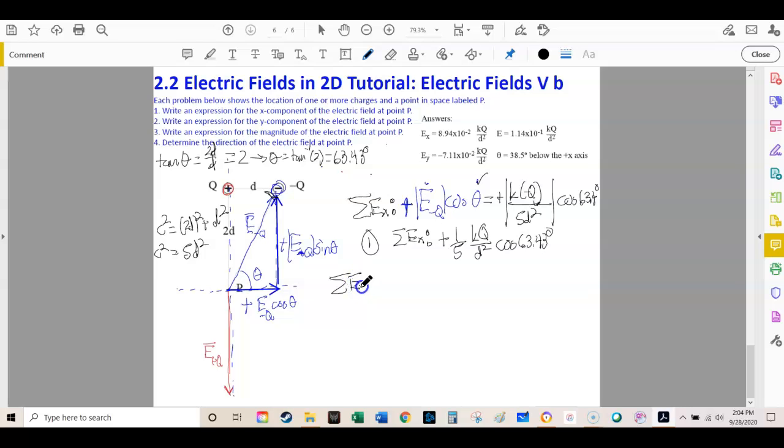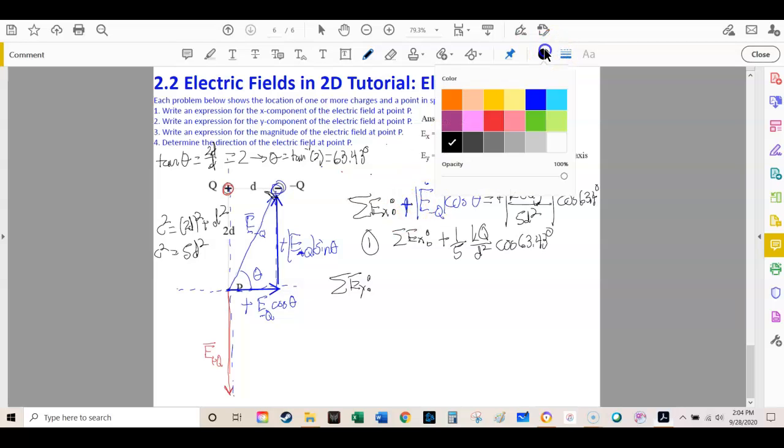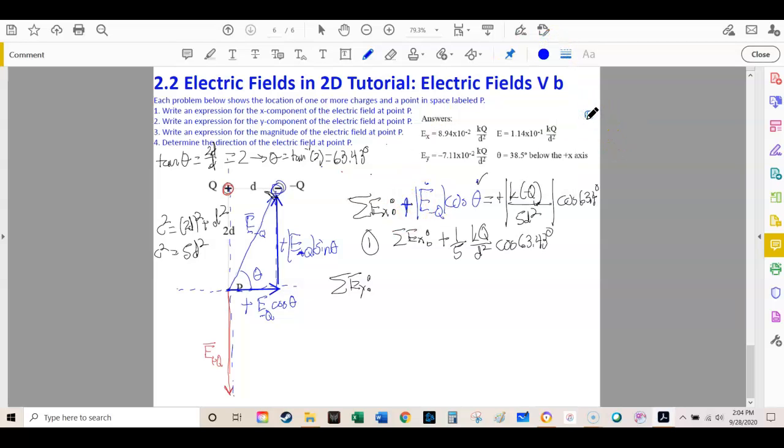In the y direction, we're going to have the up arrow here, which is going to be E negative Q sine of theta, and that's pointed up, plus the downward, oh, actually that's going to be minus, because that arrow is pointed down.